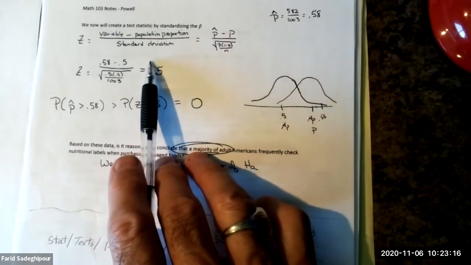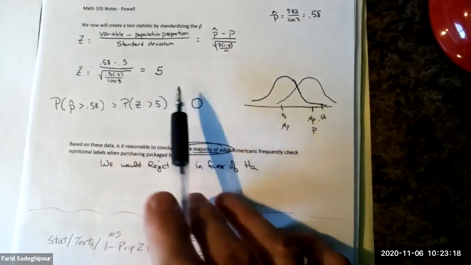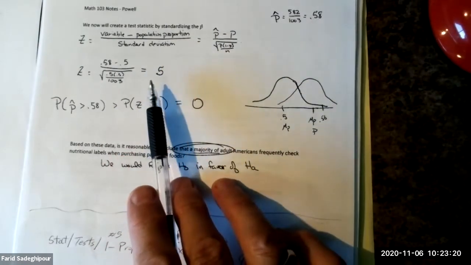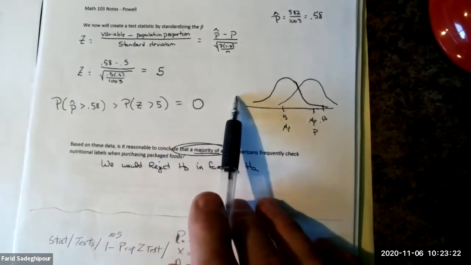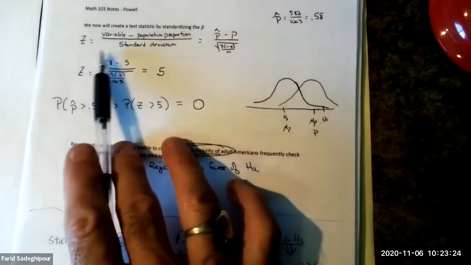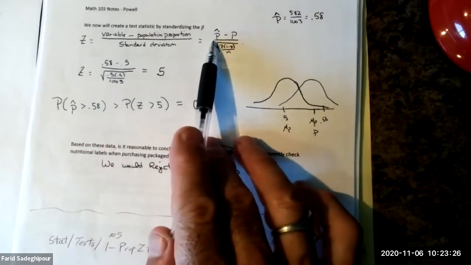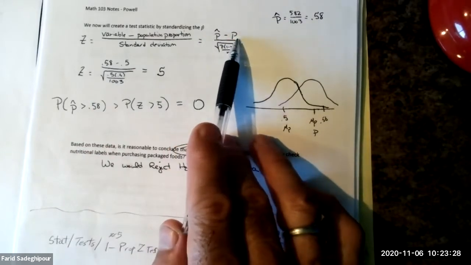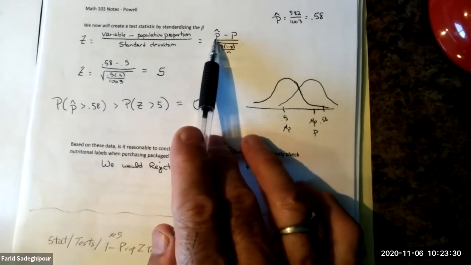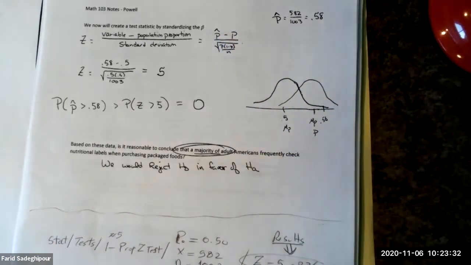The z-statistic helps us to find the area for our sample. So z is p hat minus p. P hat is the proportion of the sample. When you take the sample, p hat is that.